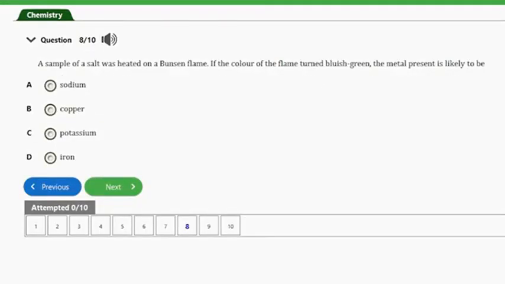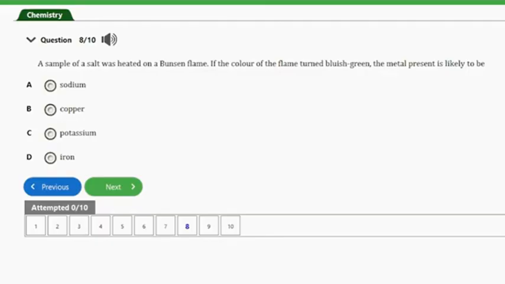It says, a sample of a salt was heated in a Bunsen flame. If the color of the flame turned bluish green, the metal present is likely to be A. sodium, B. copper, C. potassium, D. iron. So guys, the answer to this question is option B, and that's copper.